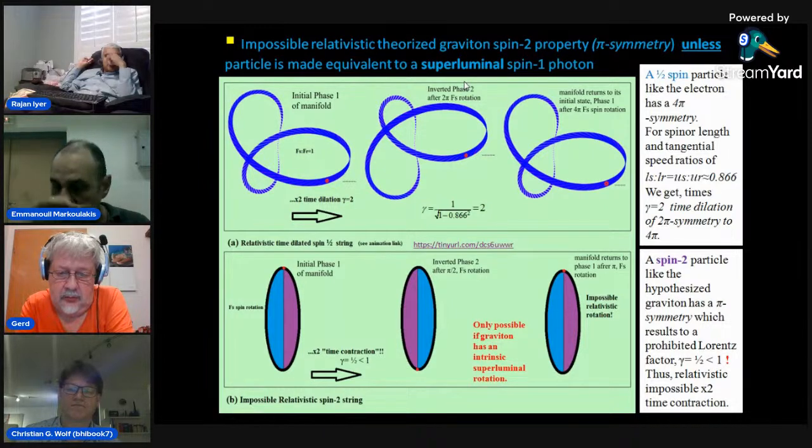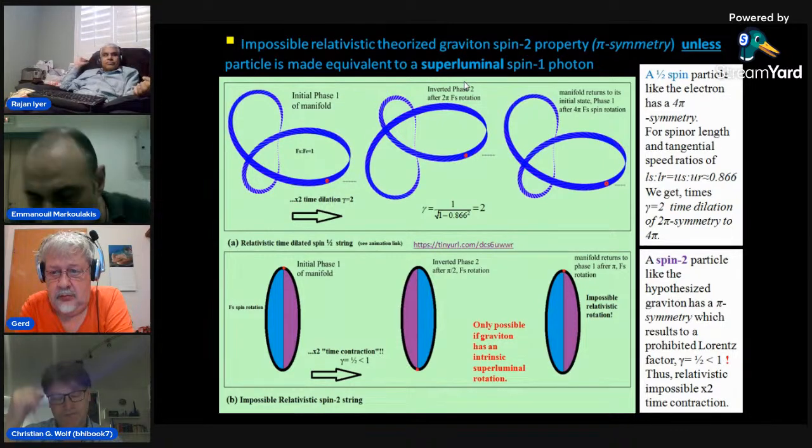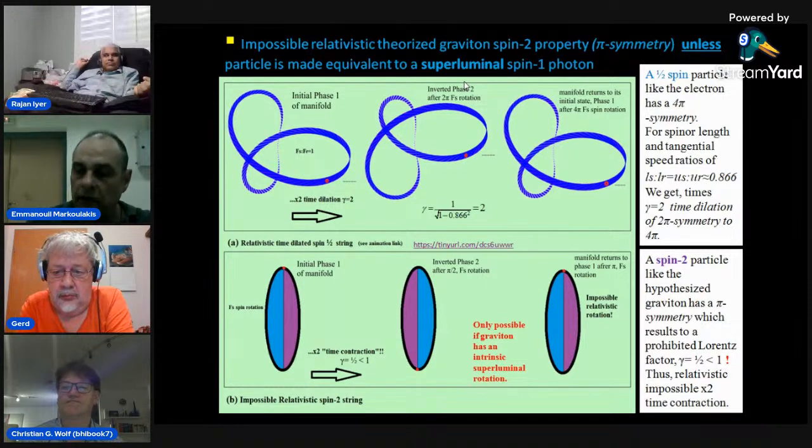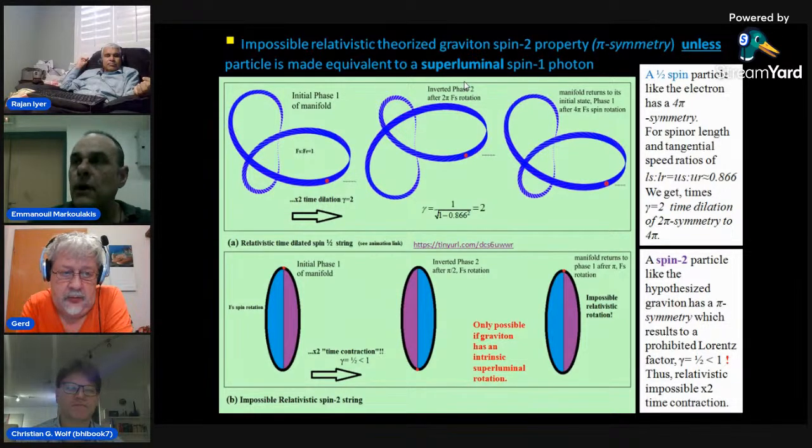So this is also some analysis we can use for evidence that if the graviton is the elementary particle of the vacuum, it must be superluminal, which again I say I believe does not violate special relativity, because I remind you, special relativity talks about matter and light moving inside space-time, but it does not limit space-time itself.